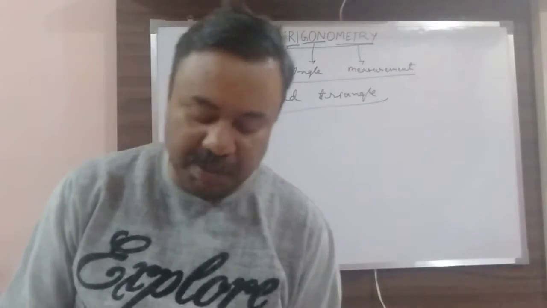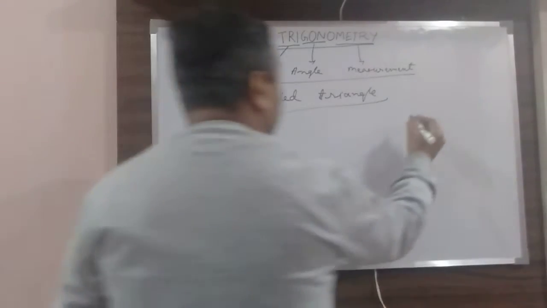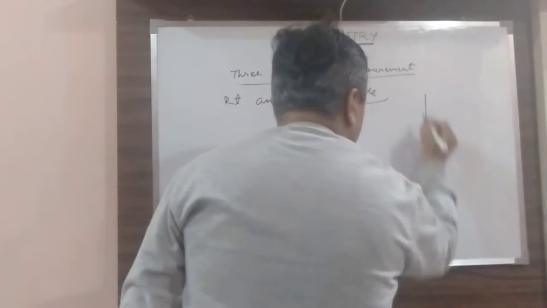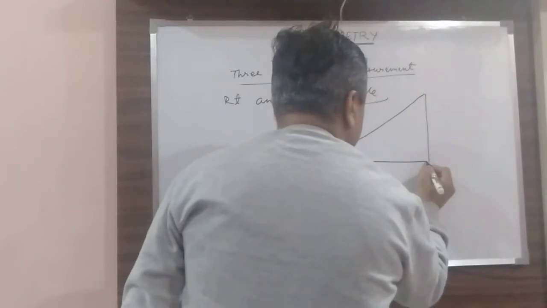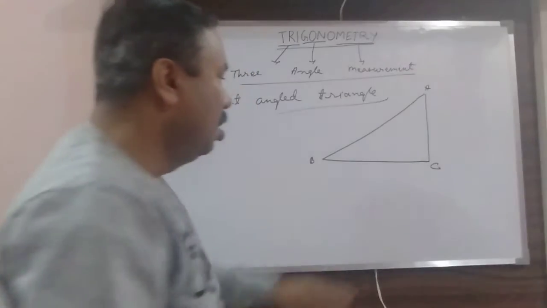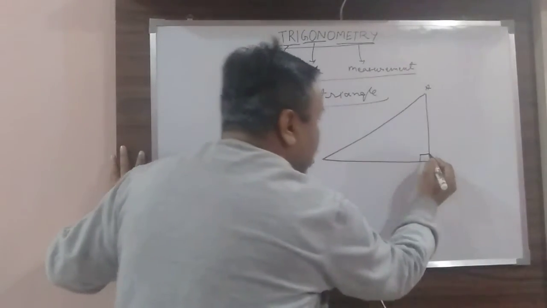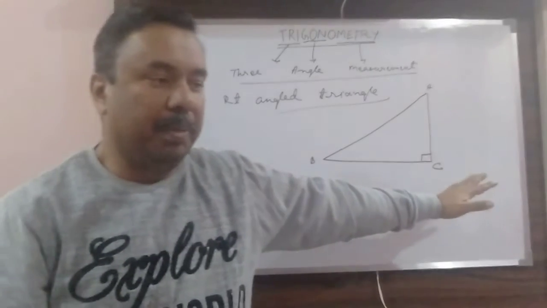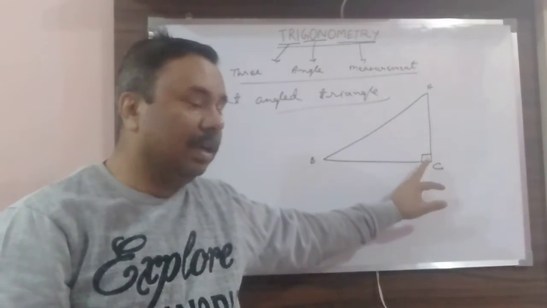Now, before I go on, let me explain some more things about right triangles. Suppose that this is a right triangle ABC, and this is one angle. What is the property of a right triangle? One of the angles is a right angle.